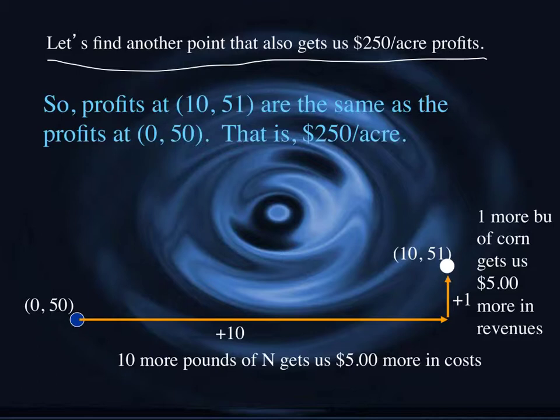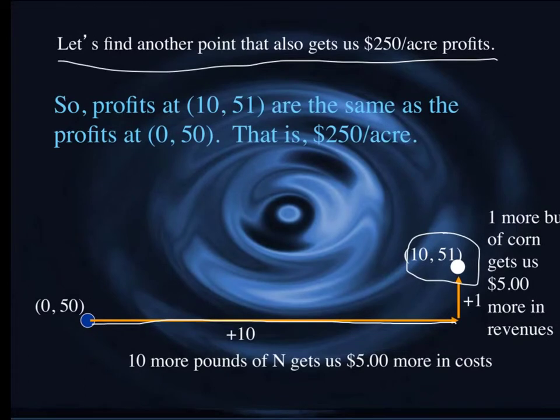Now, let's find another point that gives us $250 per acre. Well, let's go to (10, 51). So we're blowing up the picture much bigger again. If we use 10 pounds of nitrogen instead of 0, that's going to cost us $5 because 10 pounds of nitrogen at 50 cents a pound is $5.